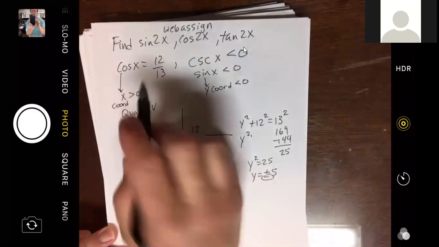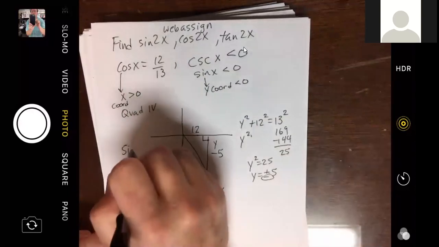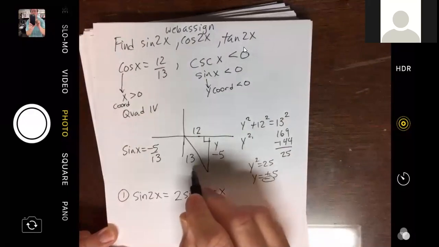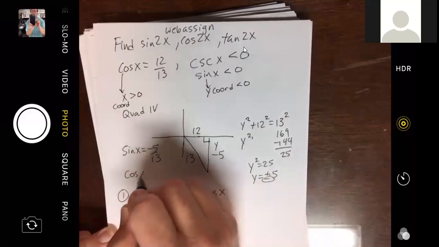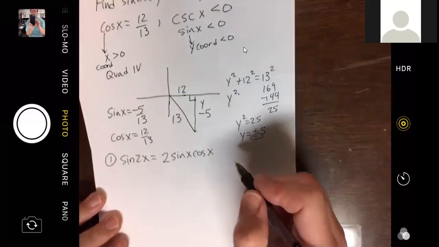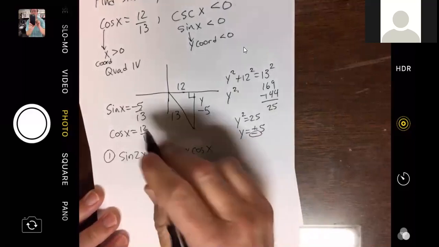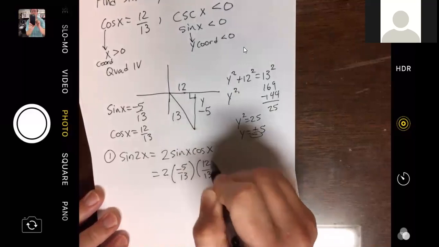From the triangle, your sine of x is going to be -5 over 13, opposite over hypotenuse. I'll rewrite that the cosine of x was given to be 12 over 13. And so just plug and chug. Twice sine is -5 over 13, cosine 12 over 13.